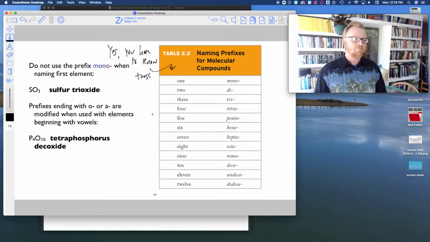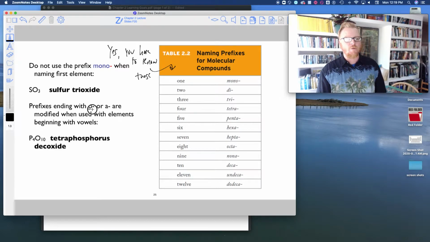So prefixes ending with O or A are modified when used with elements beginning with vowels. For example, deca is D-E-C-A, but what about when used with oxide? It's not decaoxide, it's just decoxide. Or same with carbon monoxide. It wasn't monooxide, it was just monoxide.